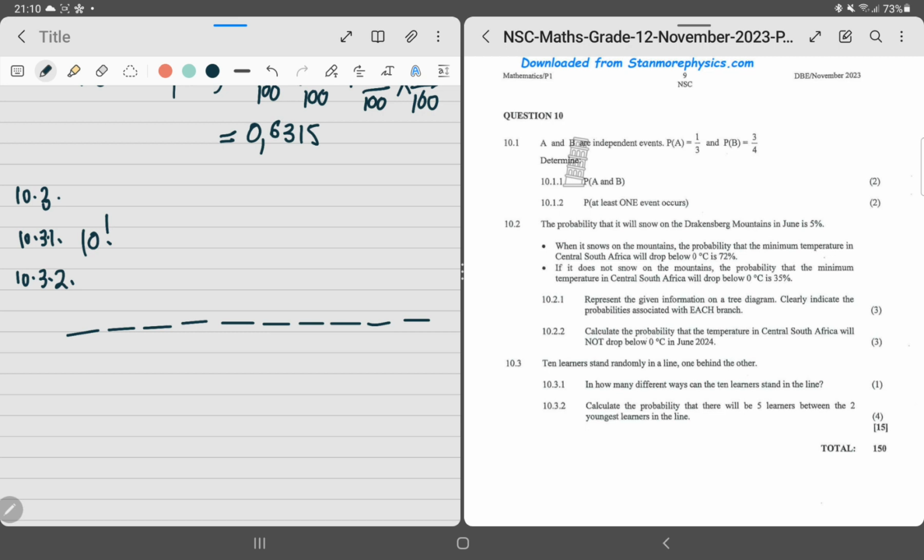So these lines, they represent where all the learners are going to be standing. So let's start with the two youngest learners. So I'll just choose any points. So I'm going to put the first youngest learner right here.